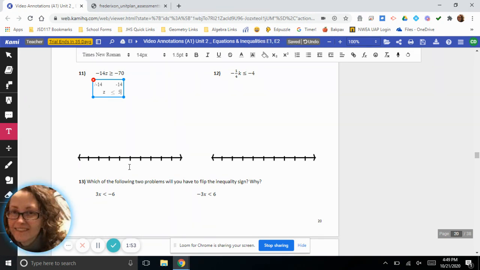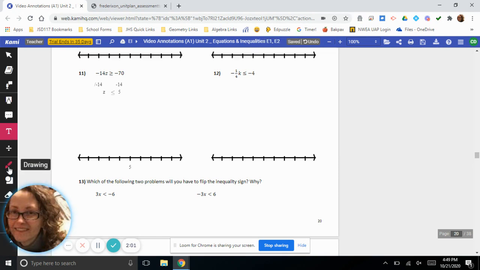And then I can go ahead and graph my critical number. Since I have a line underneath my inequality, I'm going to graph this as a closed circle. So I want to make sure I fill in my dot completely. Make sure that you can tell that it's a filled in circle.